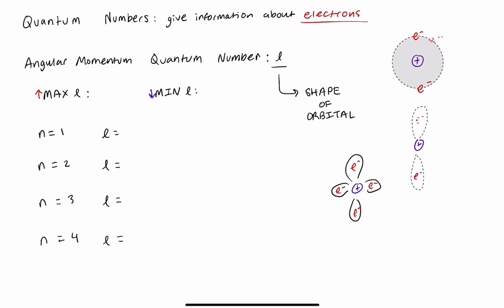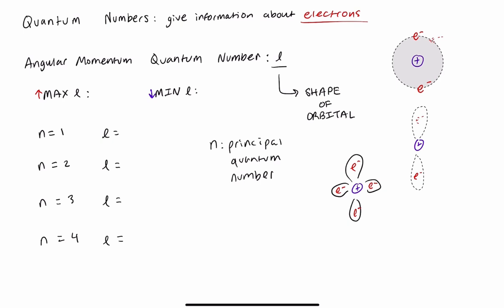So let's talk about this a little bit more math heavy, all right? The L quantum number, the angular momentum quantum number, relates to the principal quantum number n. So how does it relate to that?